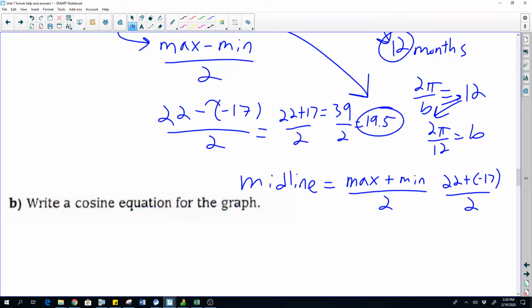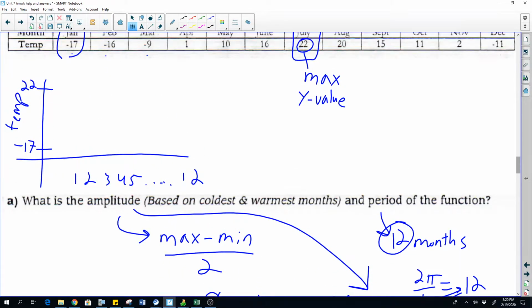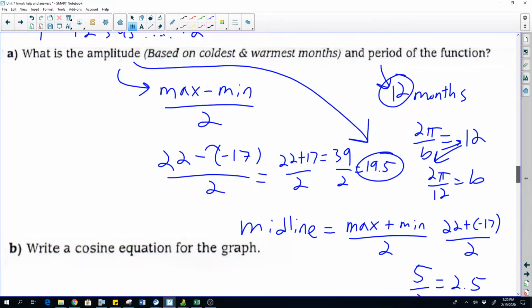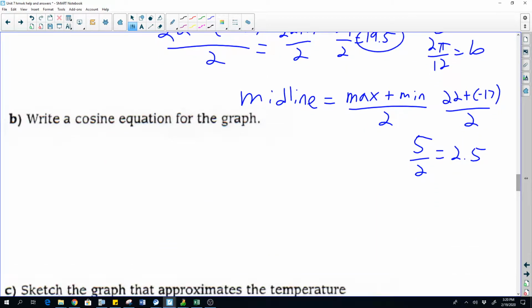The difference of 22 minus 17 is 5, so 5 over 2, 5 halves, which is also 2.5. That makes sense if you think about our graph: the midline, about 2.5, should be between 17 and negative 17 and positive 22. Awesome.